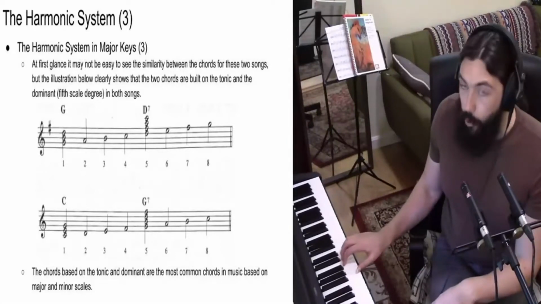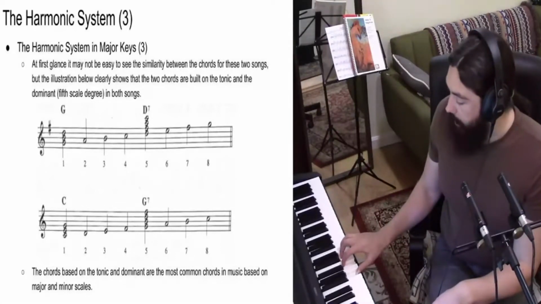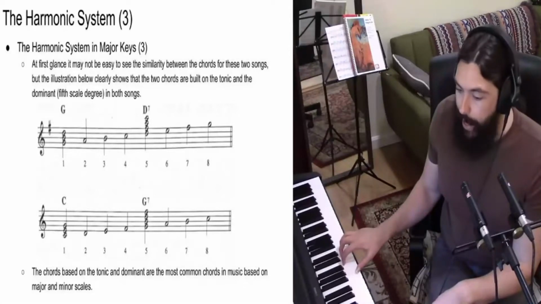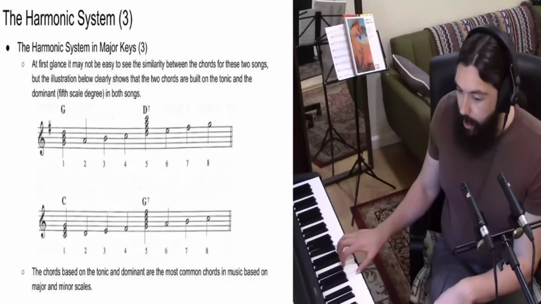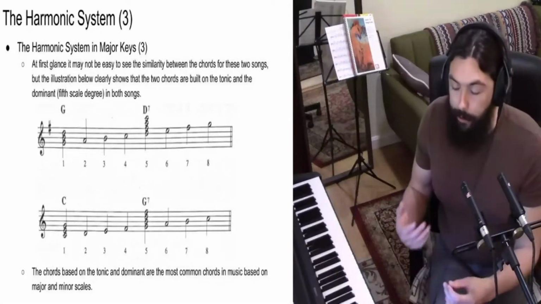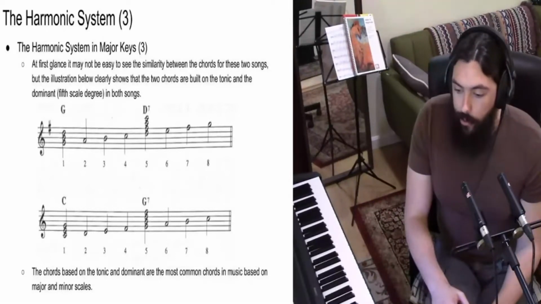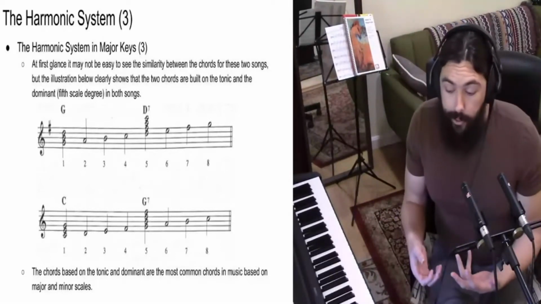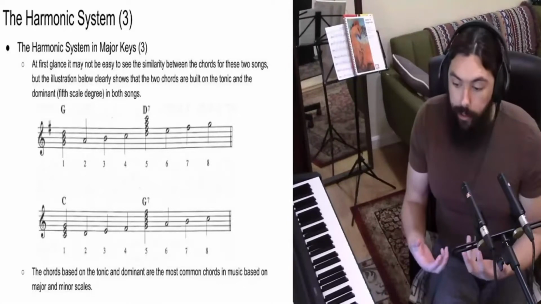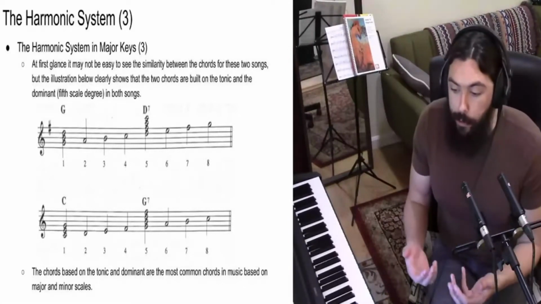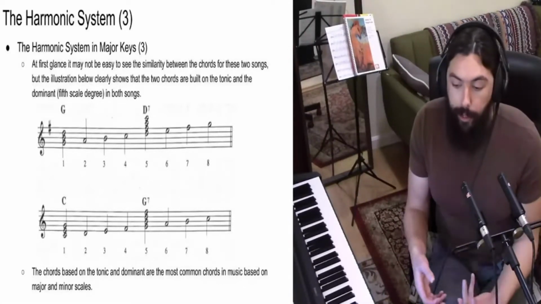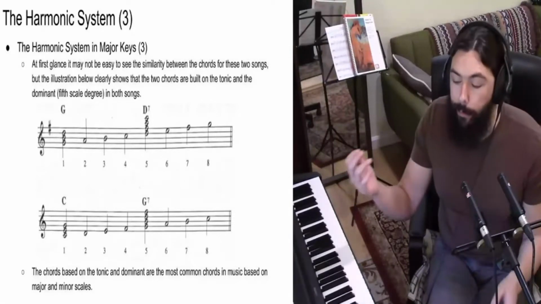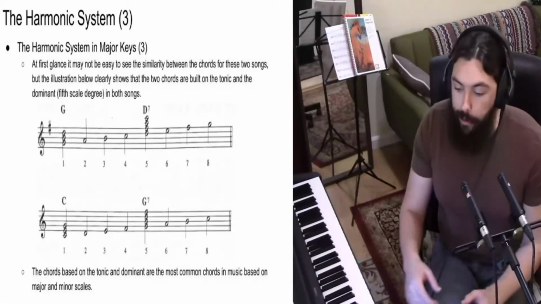And if we build a chord on that, we stack those thirds like we learned about in the last chapter, then we get a G7 chord. Okay, so these chords based on the tonic and dominant are the most common chords in music based on major and minor scales. So tonic and dominant, the most common chords that you'll find.